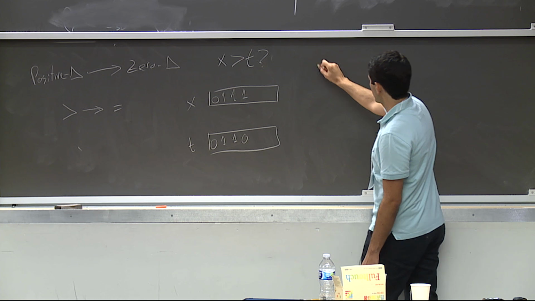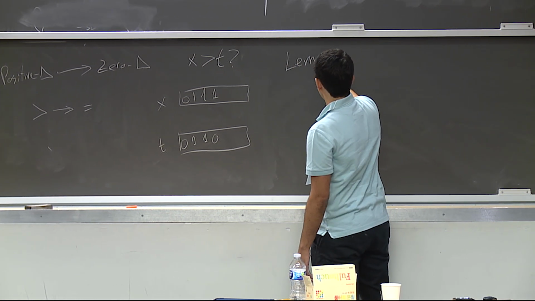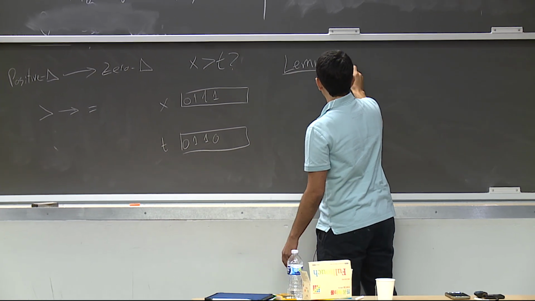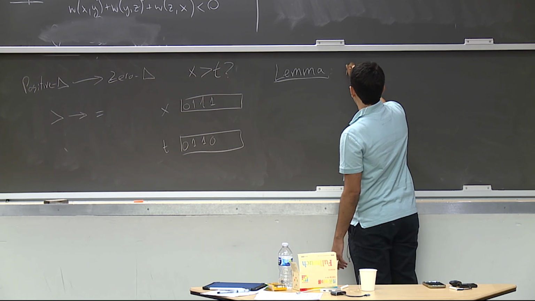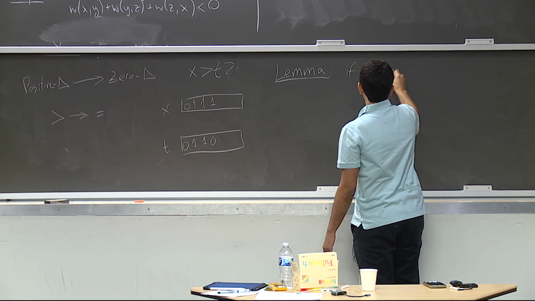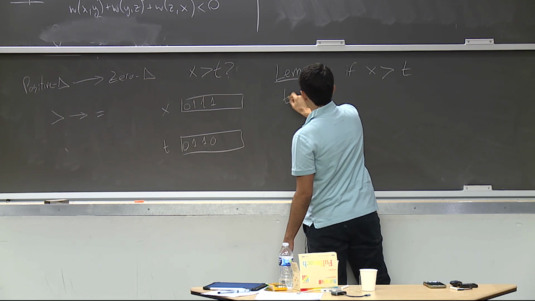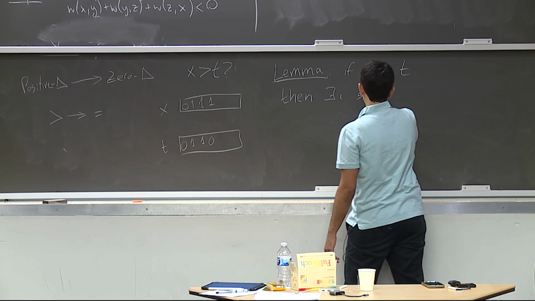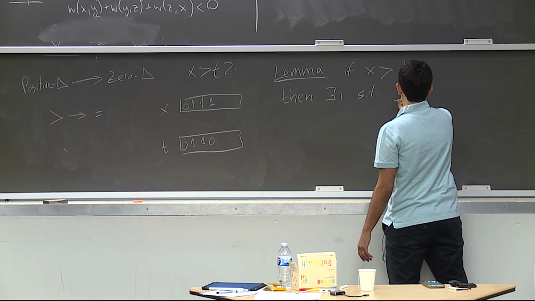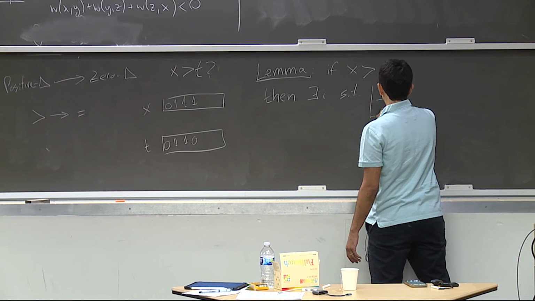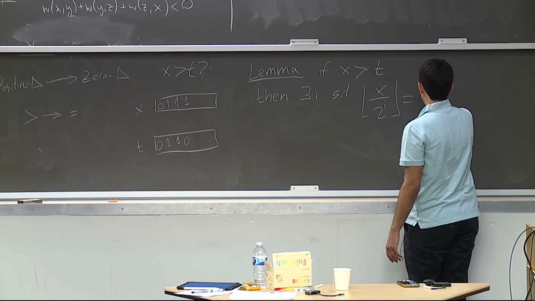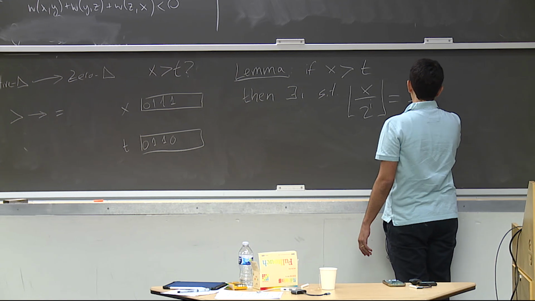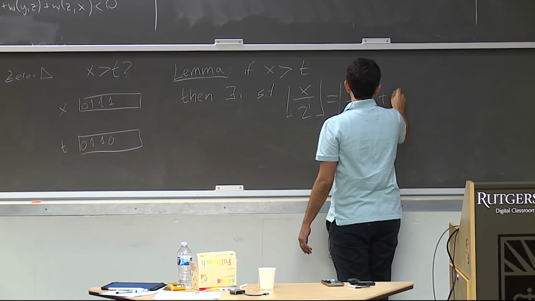So formally, here's a lemma. If x is greater than t, then there's some I such that floor of x over 2 to the I is equal to floor of t over 2 to the I, plus 1.